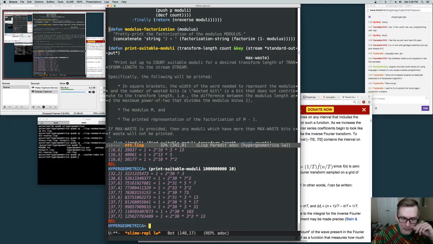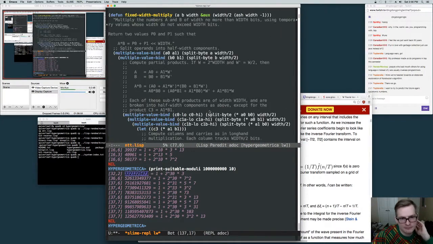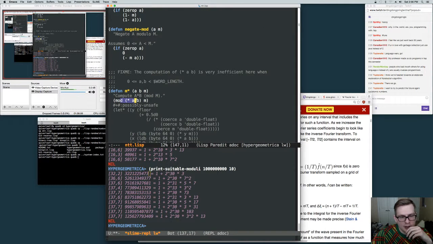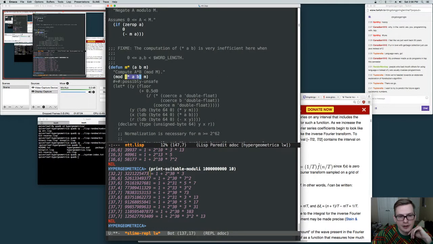Now, the catch of sorts is if we're working in the field of integers mod some modulus, going back up to our multiplication, if I go back to m times, it's possible that this can overflow unless we implement it better.